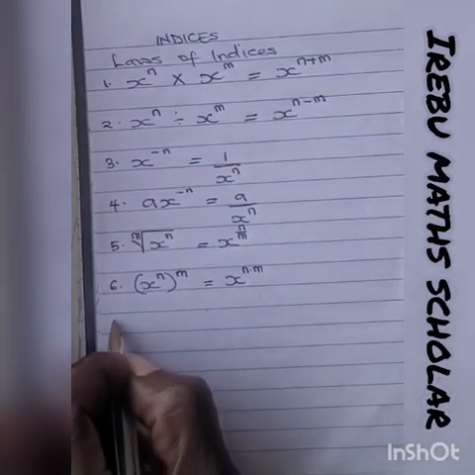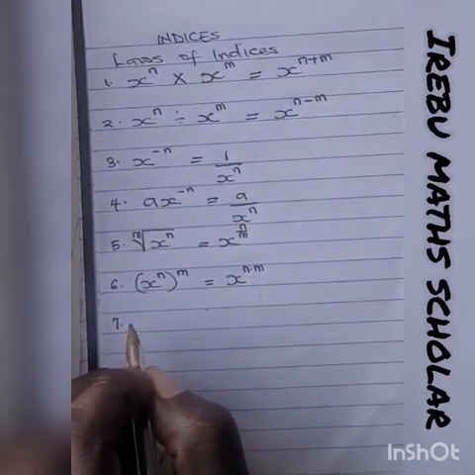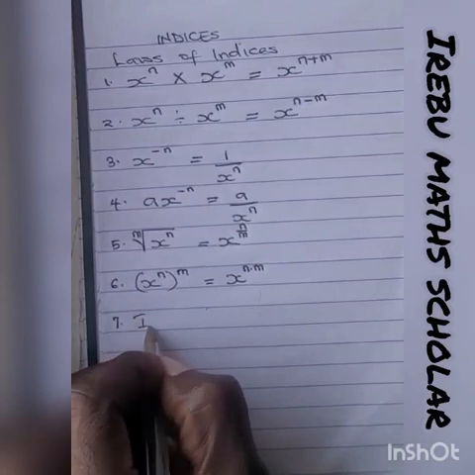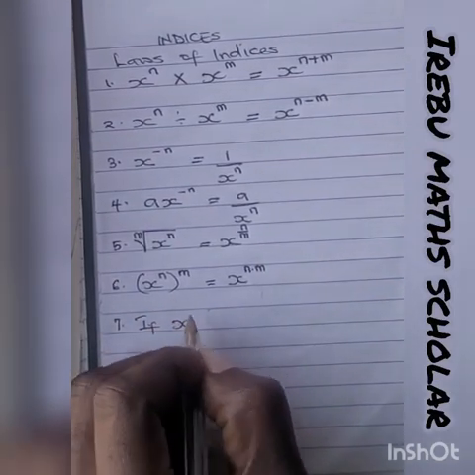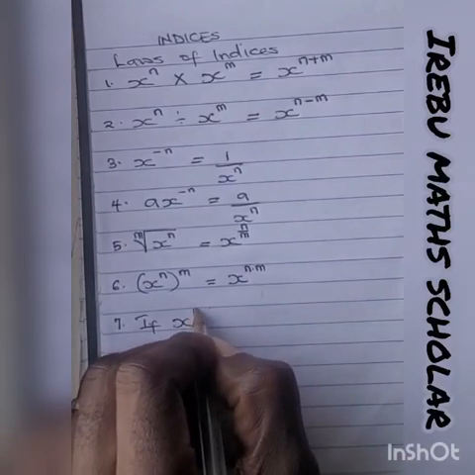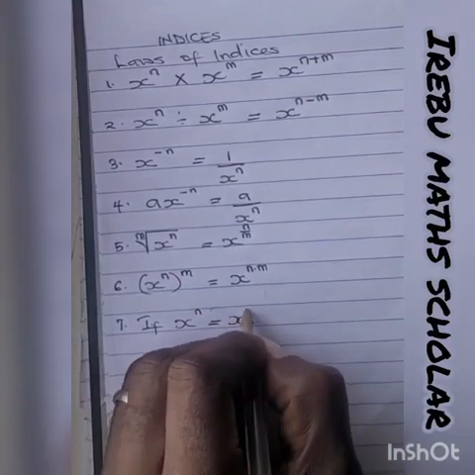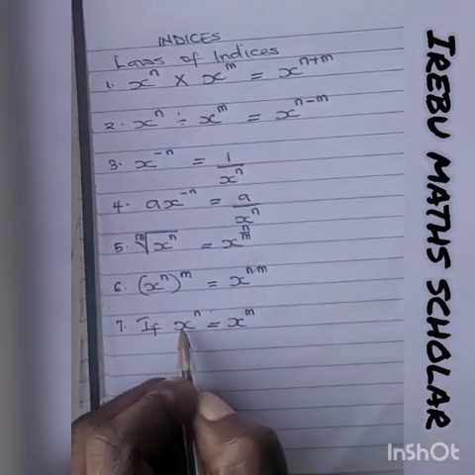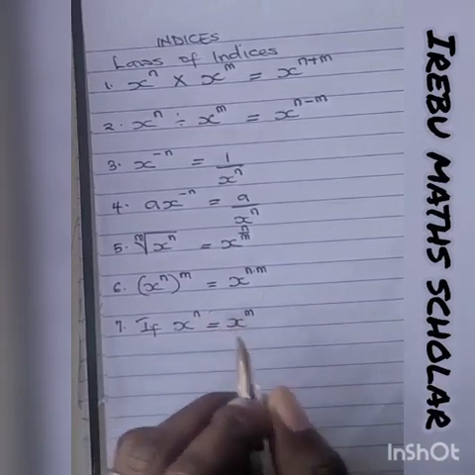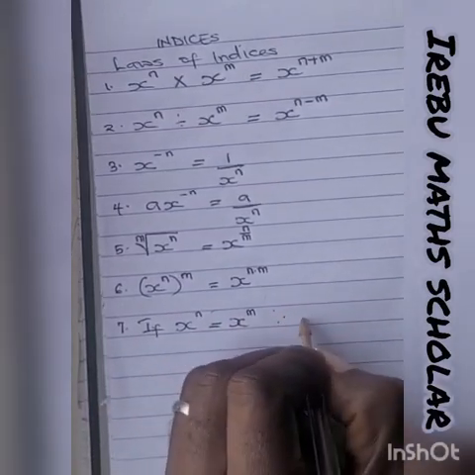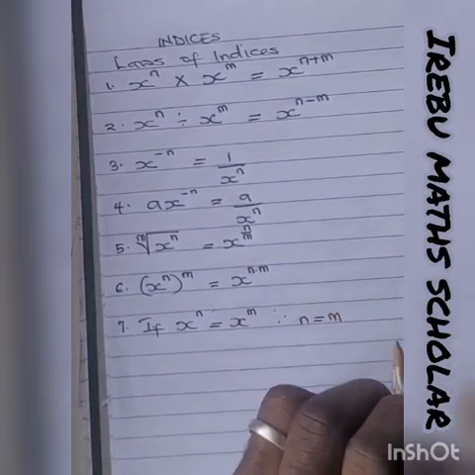Please take note. So we also have the seventh one, which is, if you have, for instance, x to the power of n equal to x to the power of m, they all have the same base but different powers. Therefore, n must be equal to m.